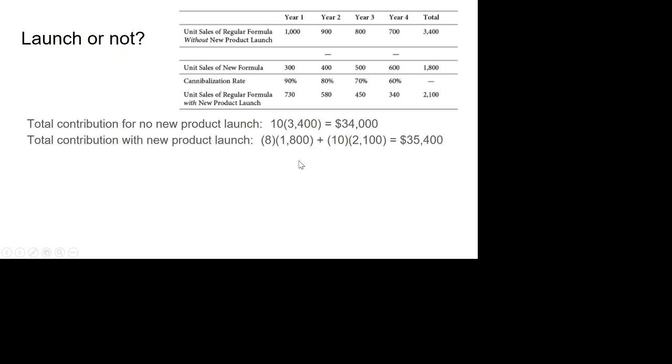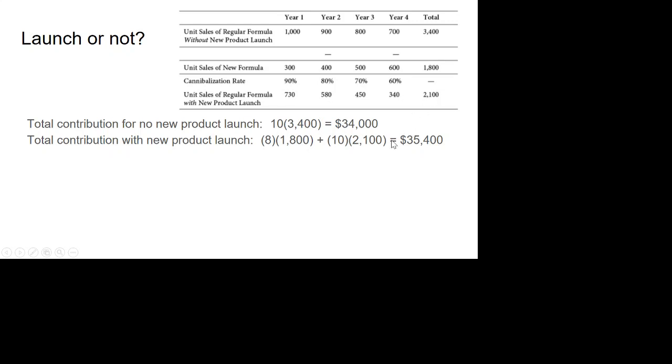Okay? If you do launch the new product, just running through the calculations, you end up with this, okay? And so you will lose a number of sales of the regular formula, and unit contribution of the new product is only $8 per unit instead of 10. You're going to sell 1,800 units of that, 2,100 of this.